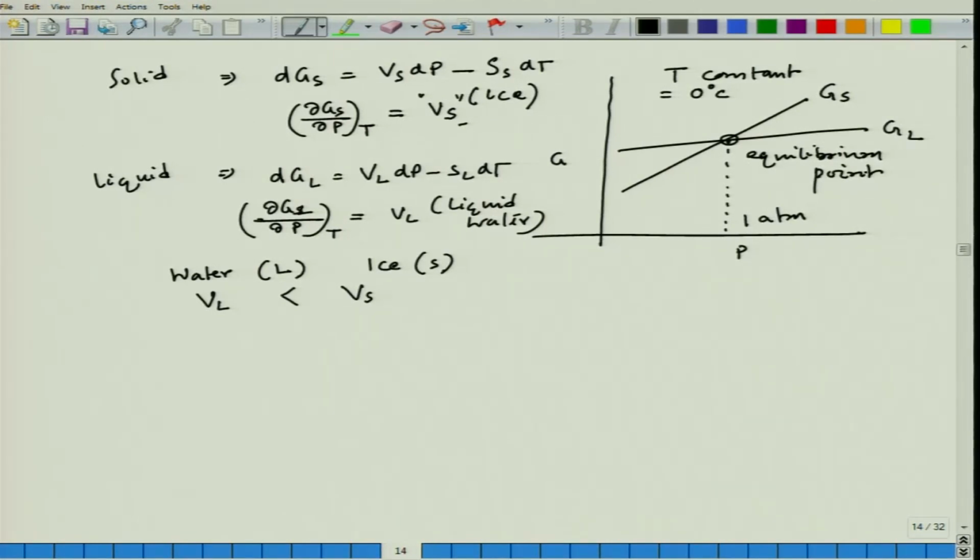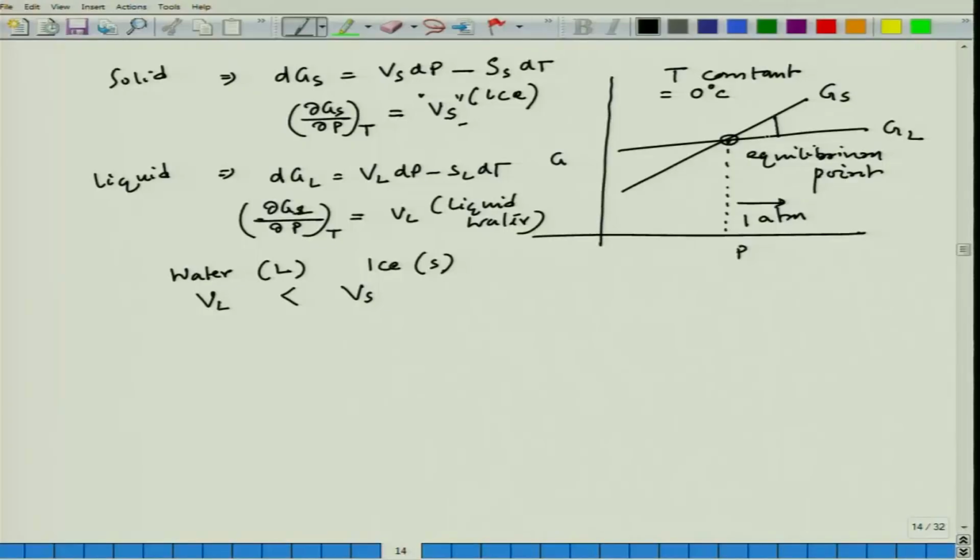Hence, if I increase the pressure at 0 degree Celsius, then ice would melt. If I increase the pressure this way, I see that ice is melting. Why? Because the free energy of solid is more than the free energy of liquid. That is why ice melting is easy, because free energy change goes negative.